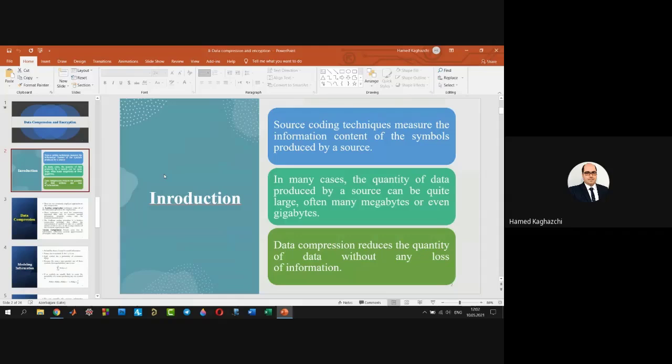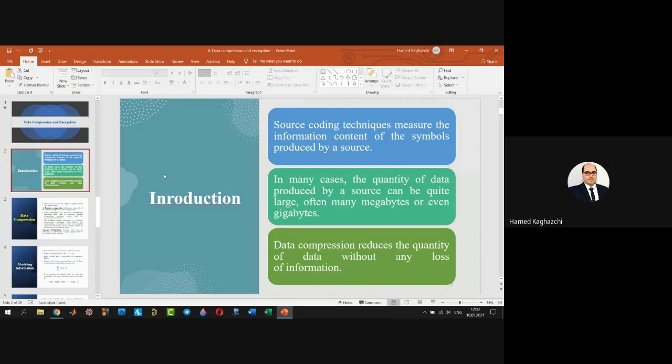If you remember, the first block in the block diagram of data transmission was the source. The task of this block is producing data, but sometimes the quantity of data is large. So transmitting big data is too difficult. To solve this problem, we need to compress the produced data before transmitting it.